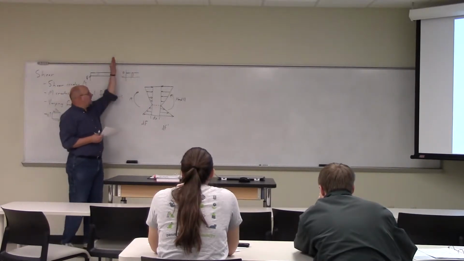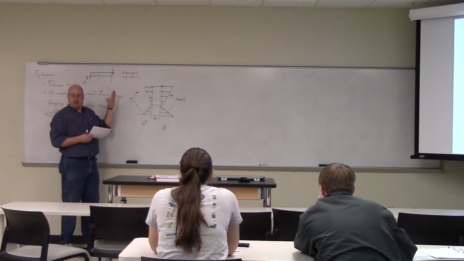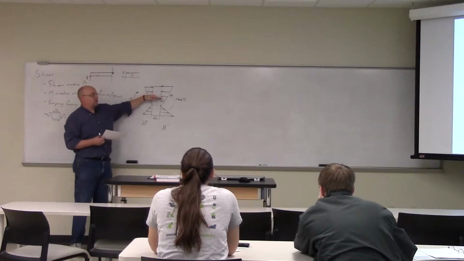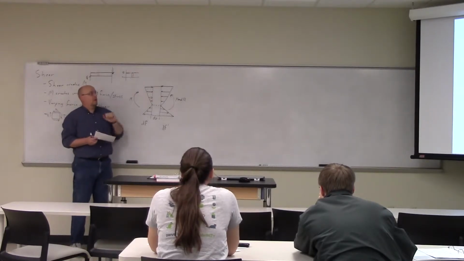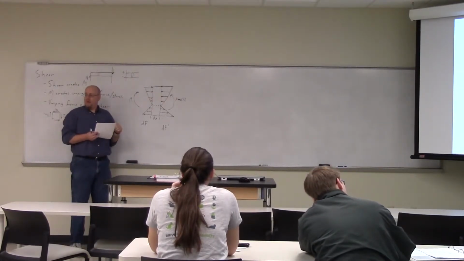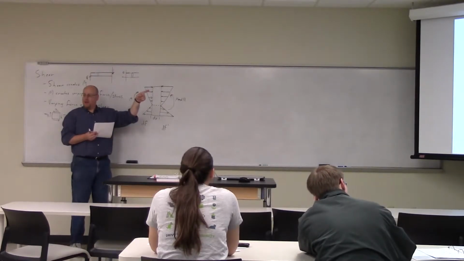But I'm going to do another section. Instead of just sectioning a slice this way, I'm now going to take that same slice and section the top piece, A prime. The top third of the can here.